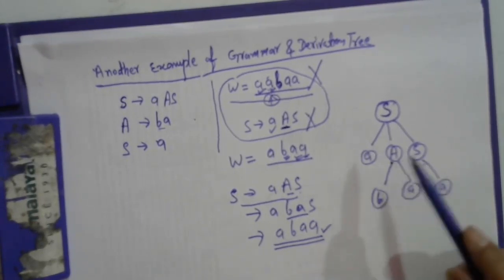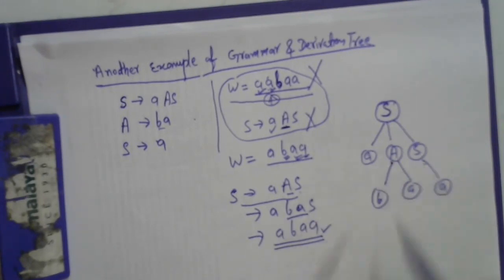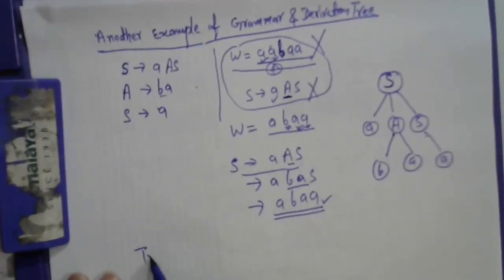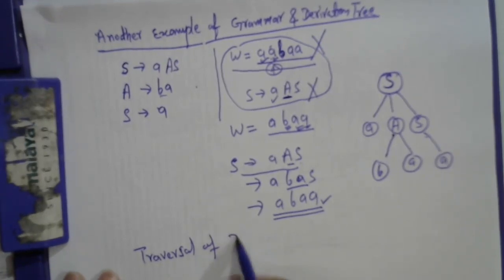Then all the internal nodes have capital letters, the variables, and all the external nodes, the leaf nodes, have terminal symbols. The second question is how to traverse this. Traversal of the derivation tree.